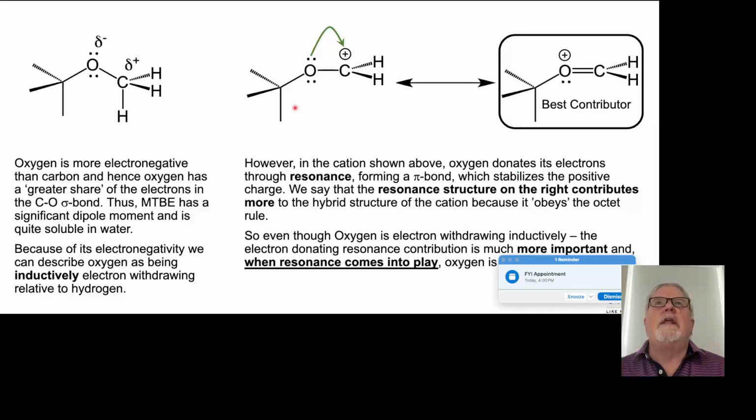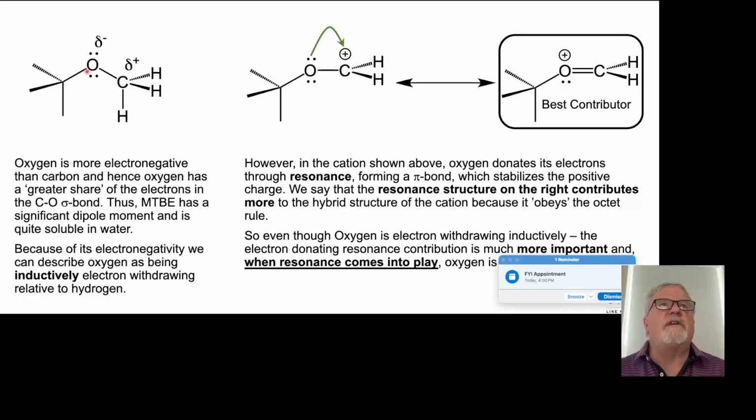So, inductive versus resonance, the importance of pi donation. If we take a look at methyl t-butyl ether, it has a significant dipole moment. Because oxygen's more electronegative than carbon, we get this inductive effect from the oxygen just in that carbon-oxygen sigma bond right there.